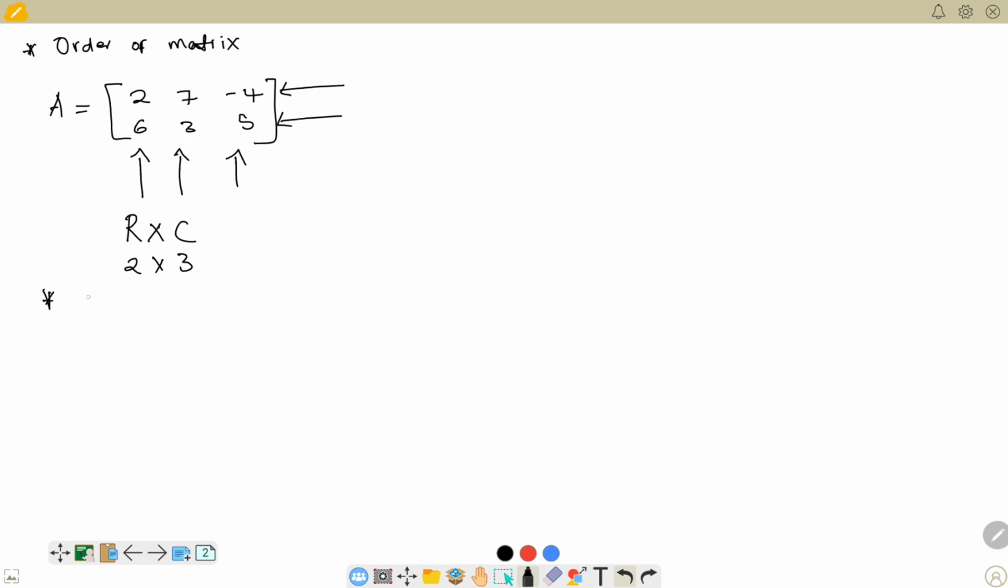So if we want to identify elements in a matrix, we can represent that matrix in this way. 1, 1 means first row, first column.